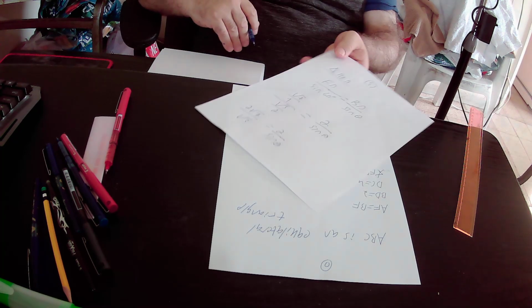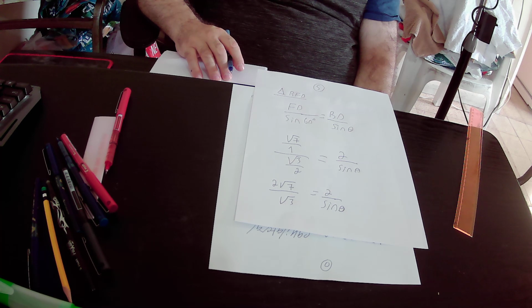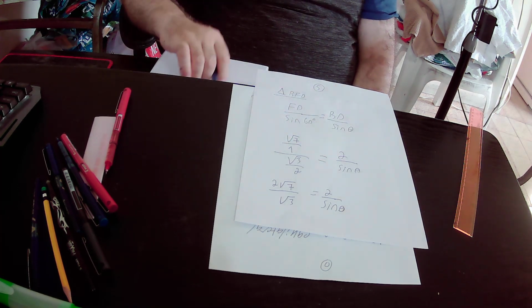2 times root 7 over root 3 equals 2 over sinus theta.